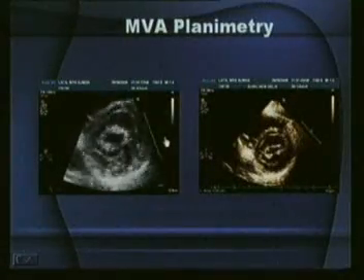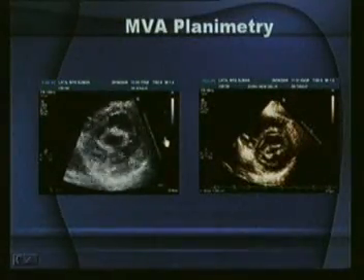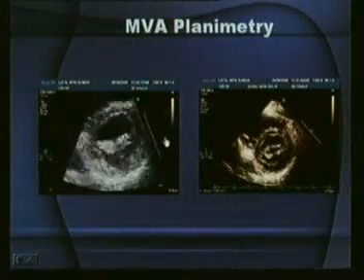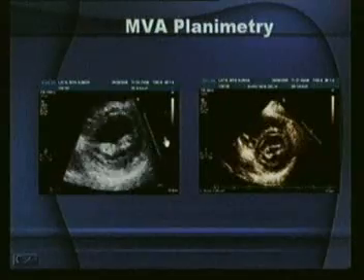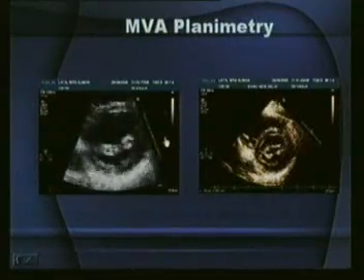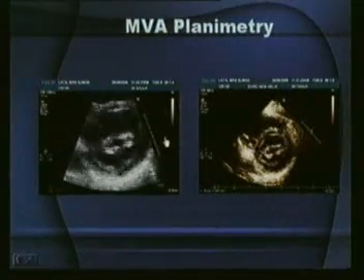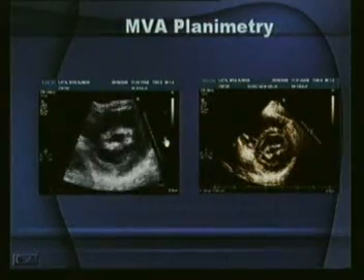Another important thing is that in patients who have a controlled heart rate, the gradients could be low even with severe mitral stenosis. If the patient has a heart rate of 55, has been given either beta blockers or is on digoxin, and on 2D examination you feel the stenosis is pretty tight but the gradient you're getting is about 7 or 6, then you have to rely on planimetry.